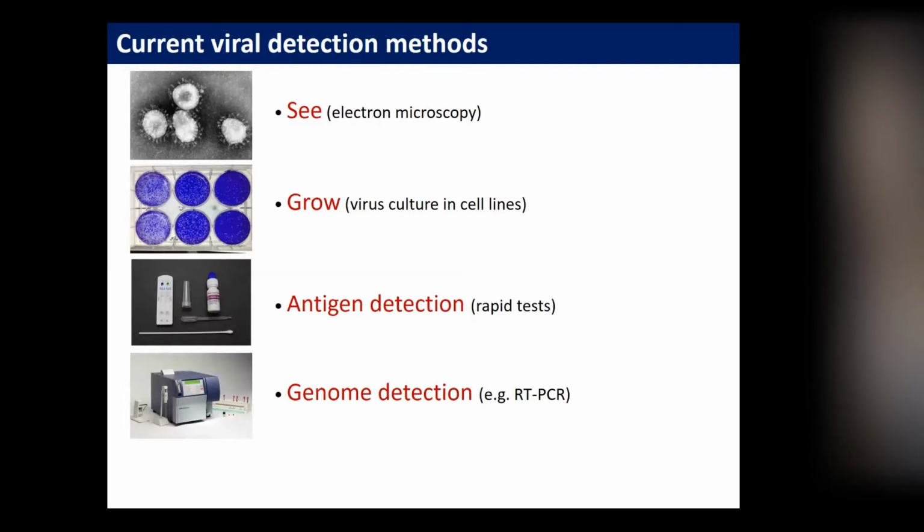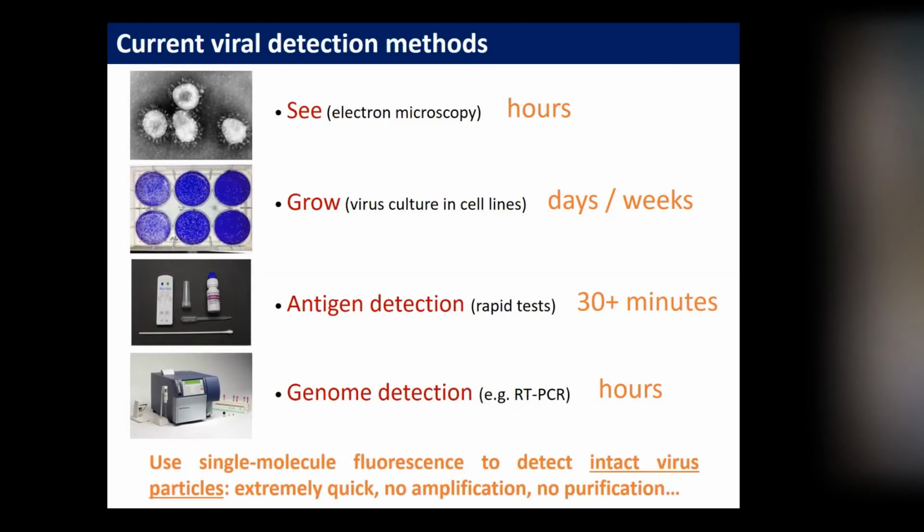There are a lot of pros and cons to all of these methods, but what they have in common is that they take quite a significant time to give you a result. Growing the virus can take days, if not weeks. Microscopy can take hours, and even the so-called rapid tests take at least 30 minutes to give a result, and those are hampered by having quite low sensitivities and specificities.